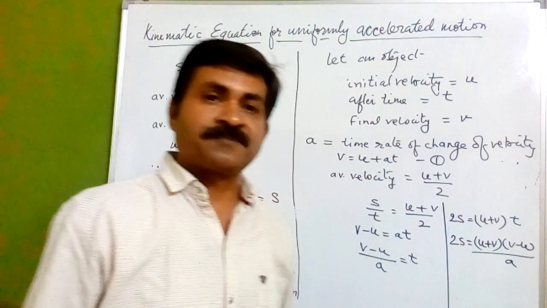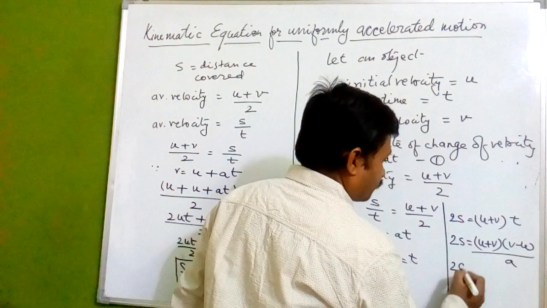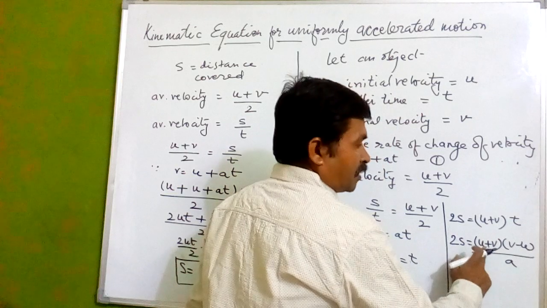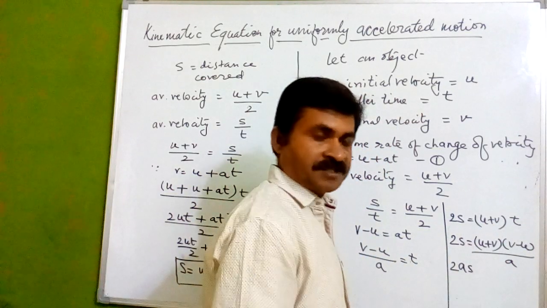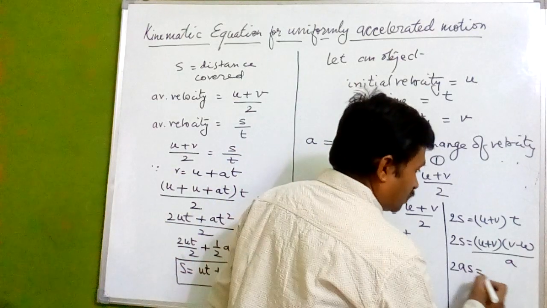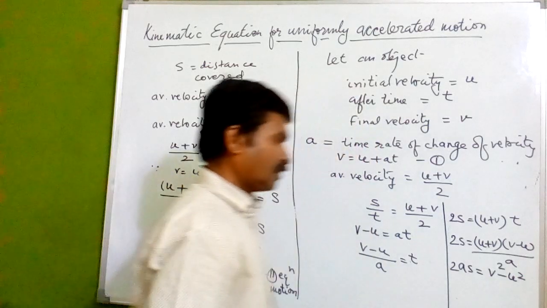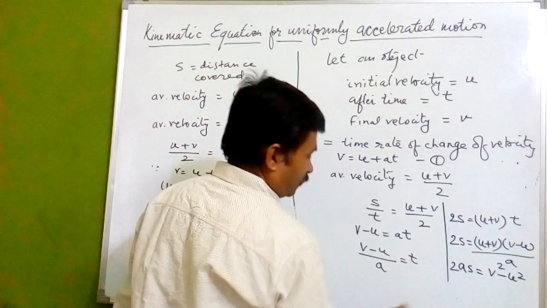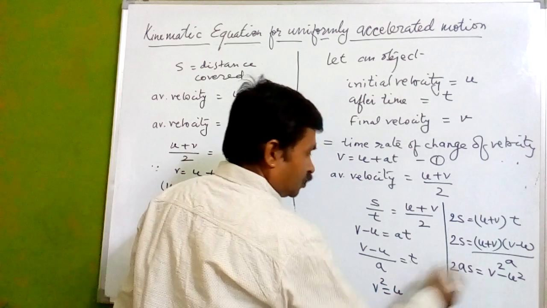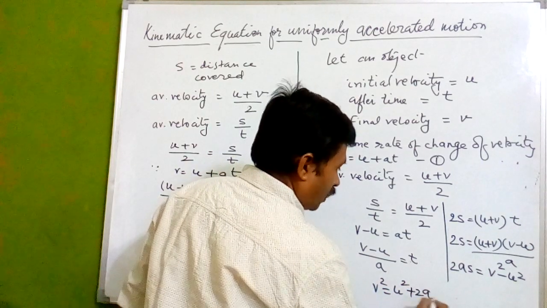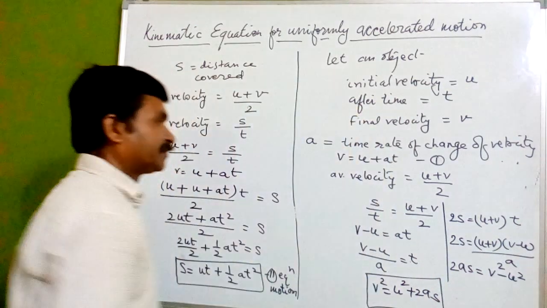Now see here, we have got a very simple equation: 2as equals (a plus b) into (a minus b), a square minus b square. So instead of this we can write v square minus u square. So ultimately what we have got is the equation v square is equal to u square plus 2as. This is the third equation of motion.